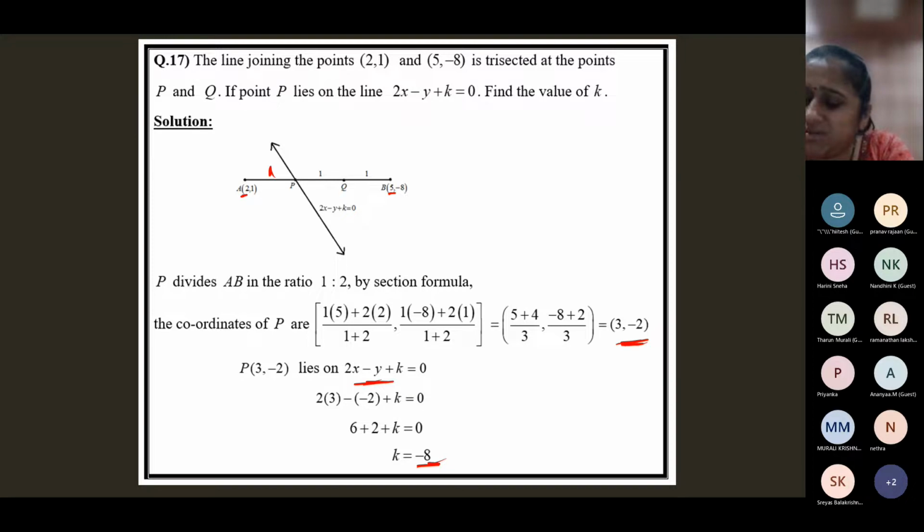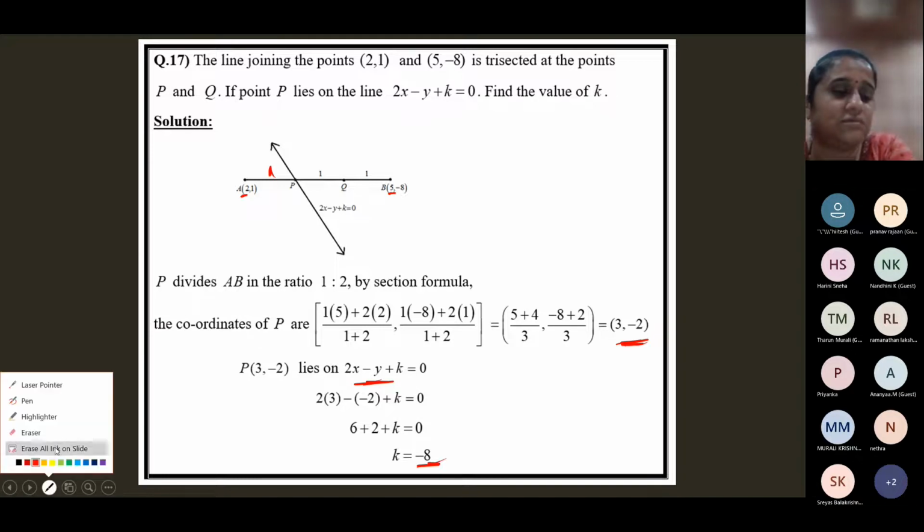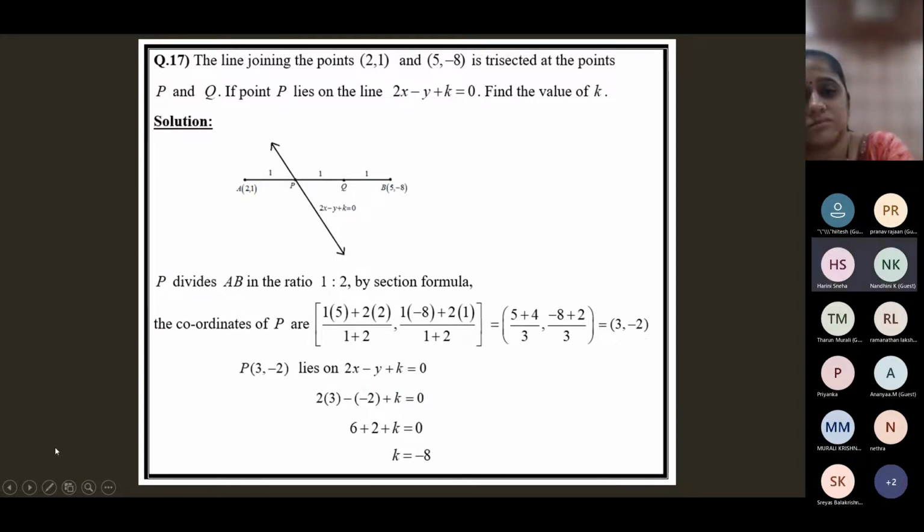Any questions, children? Please ask. Nobody asks anything. Why is the ratio 1:2? Why can't it be 2:1? Any questions? Finished writing, children? Yes, ma'am.